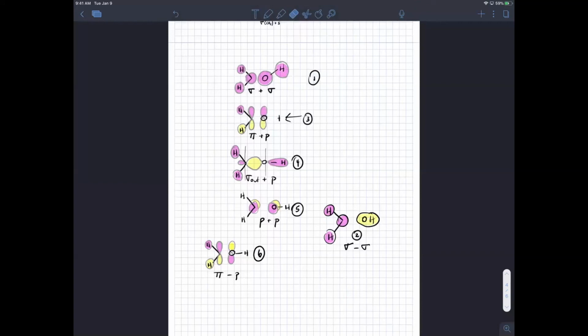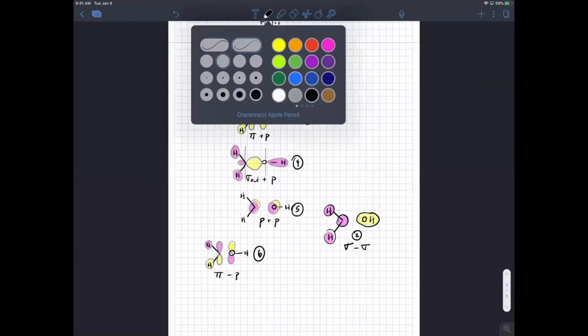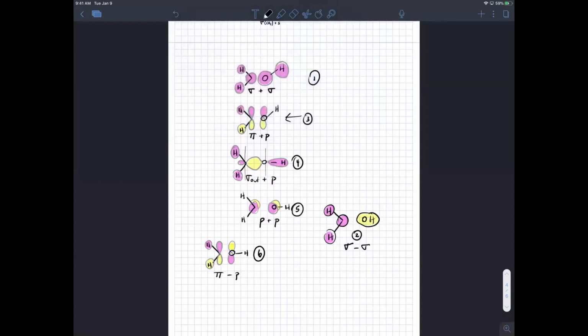If we did that here, that might actually be even more favorable, because whereas that hydrogen used to be at a node, now it could actually overlap in phase with the p orbital on oxygen.